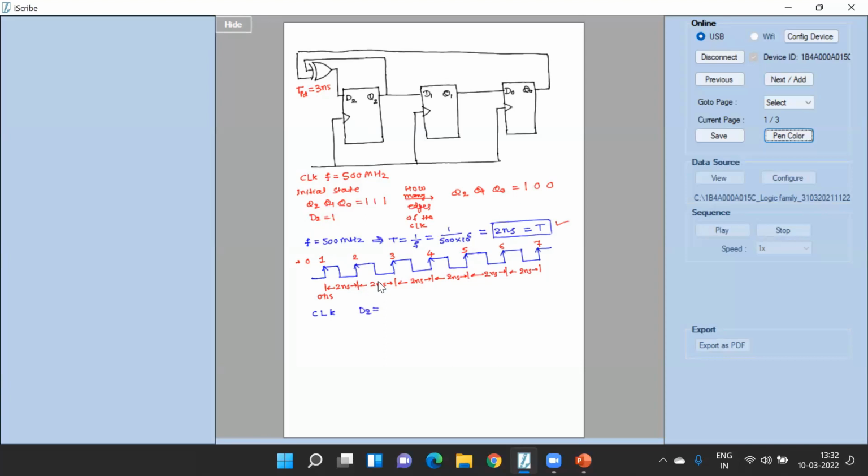D2 is Q0 XOR Q2. Please note that the propagation time for the XOR gate is 3 nanoseconds. Keep that in mind, we will use it frequently. These are my Q2, Q1, and Q0. So that's the table that we have to compute.